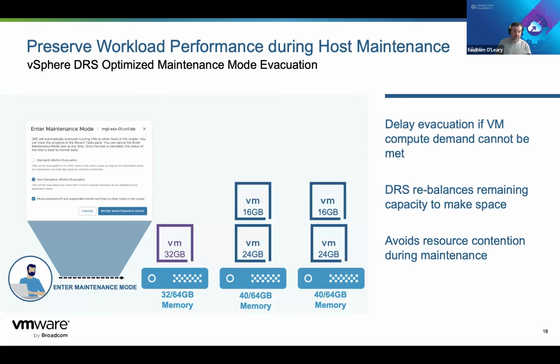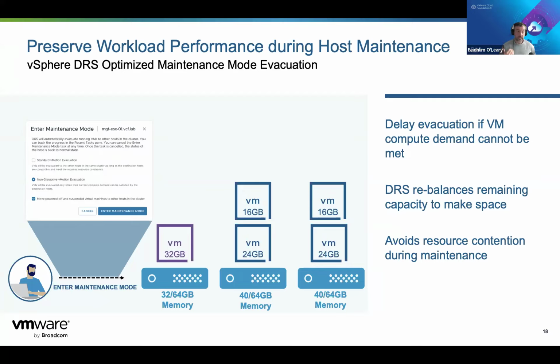Now, vMotion and DRS keep getting more intelligent, and we have to keep making it more intelligent because the types of workloads that are running on vSphere are changing and have evolved, especially in the last 5 to 10 years with the advent of GPU related VMs and other hardware accelerator VMs and different workloads. So we've introduced this new option when you're entering a host into maintenance mode.